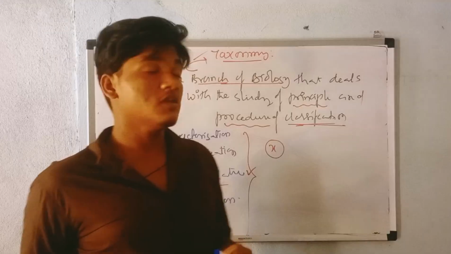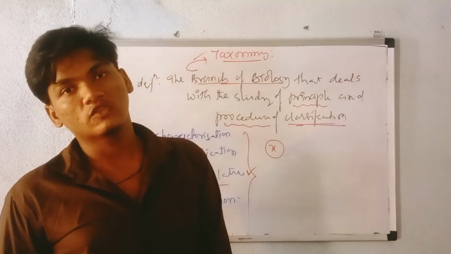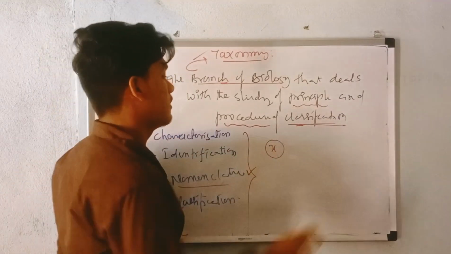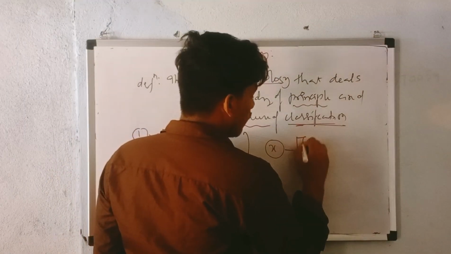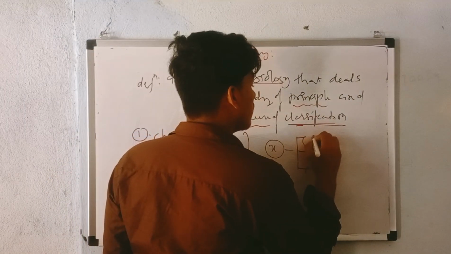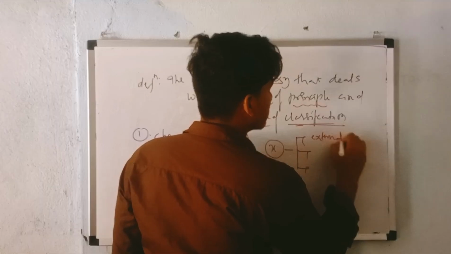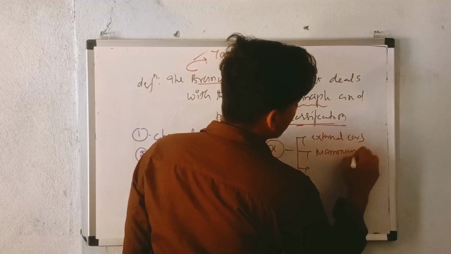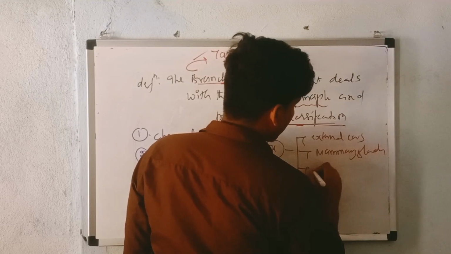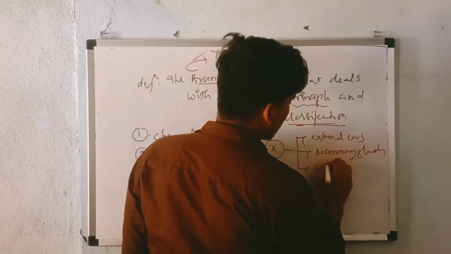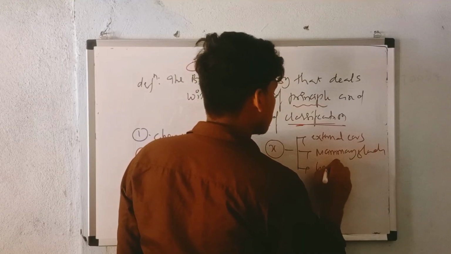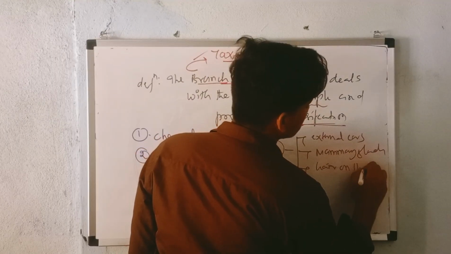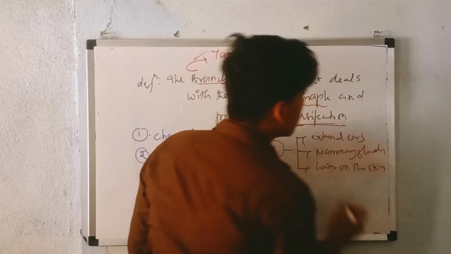In characterization, you note the characters. For example, the noted characters are like this: external ears, mammary glands, and hair on the skin. So these are the characters.